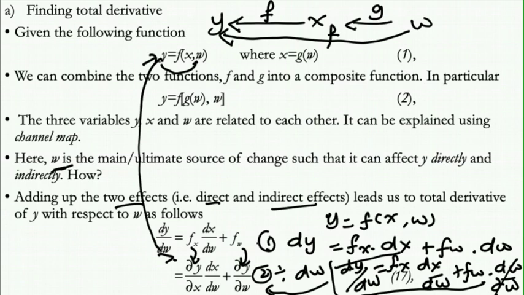Do it step by step. You don't have to be in a rush. After a certain time, if you're confident, then you can do it directly like what I did when I was a student. Okay, so now here, the process that we have done just now, process 1 until 2, or the faster method like I did when I was a student, this process of finding the total derivative is actually called total differentiation of y with respect to w.